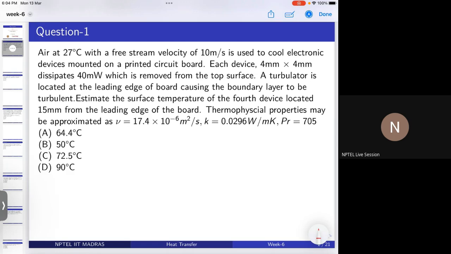So here the flow is completely turbulent from the leading edge itself. So you have to use the Nusselt number formula for turbulent flow over a flat plate. That's the only thing you have to take care of in this question.